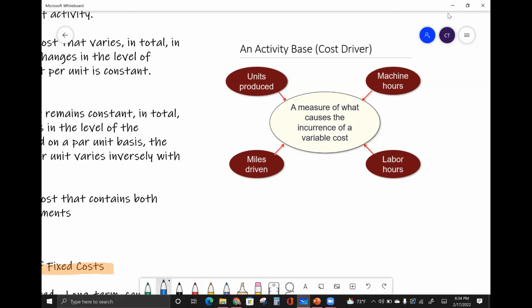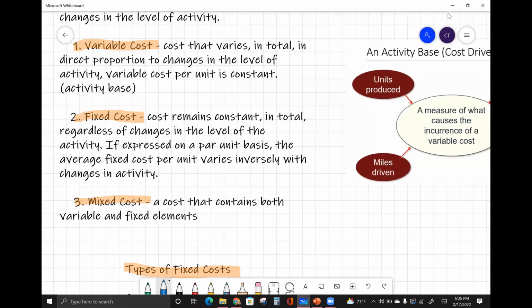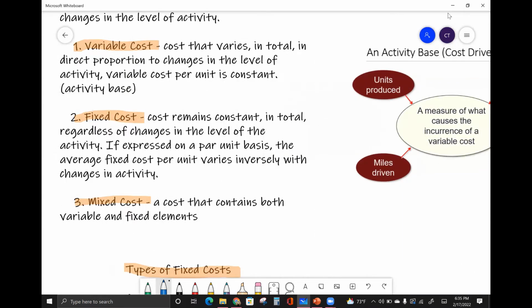So if the machine hours are more or less, if the labor hours change. We may say, in this particular case, I found it's better to use miles driven to determine what cost to put on that, because it's an item we're driving a lot. The mileage is going to determine how long it lasts, not so much the machine hours or labor hours. So it depends on what particular item you're looking at. We'll get into that more later, but it's an activity that's going to generate my cost.